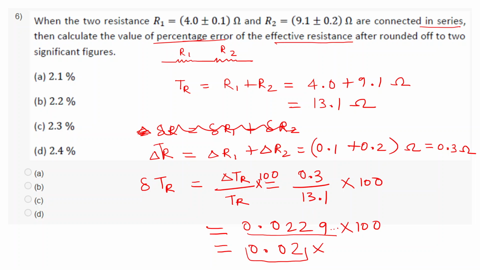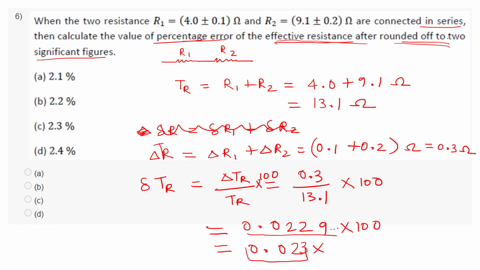But if it's asking to round off to two significant figures, then that is the rule we follow. If we have been asked to tell the answer rounded off to two significant figures, then we have to round it off to two significant figures. Then I'll keep the 3 also.